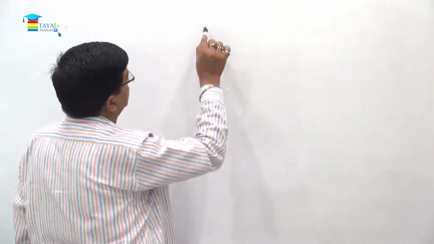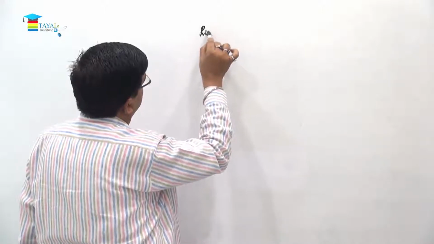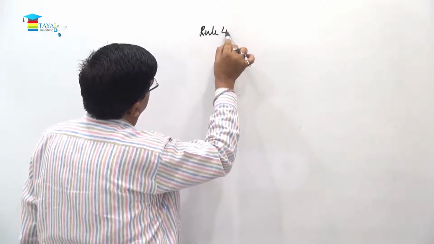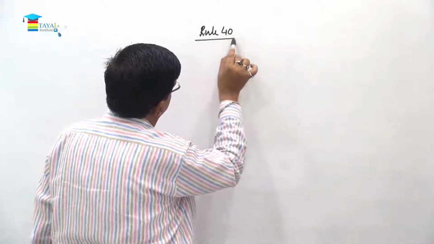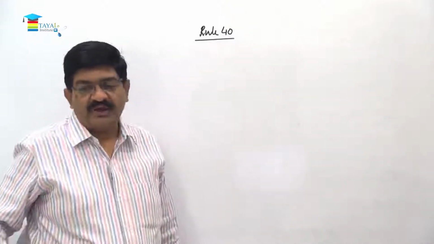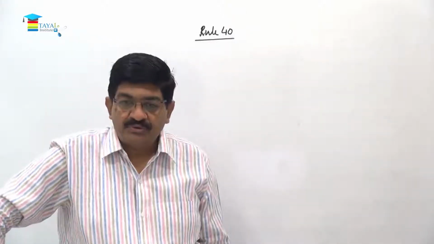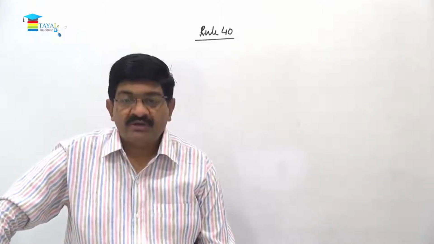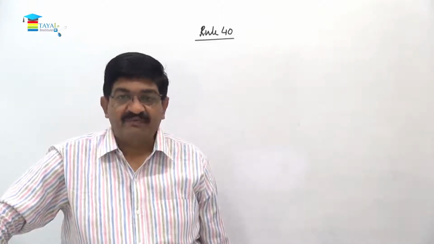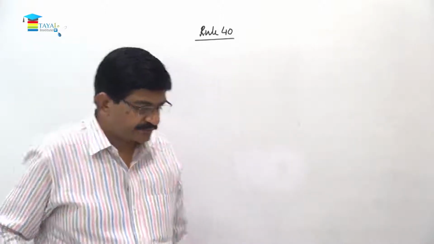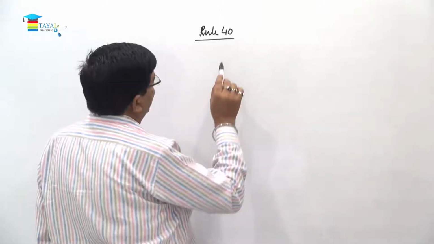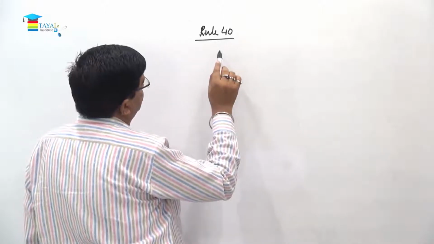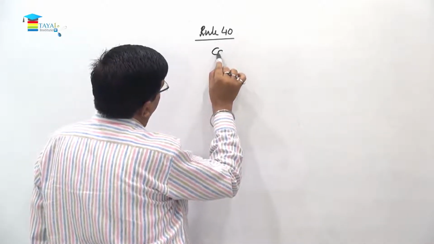Now coming to rule number 40. In this we are referring to how much credit can be availed and what is the system or procedure for availing the credit. Mainly, it is talking about capital goods.